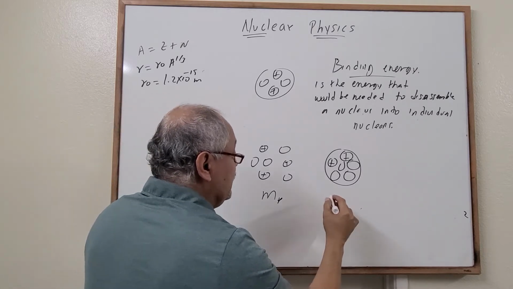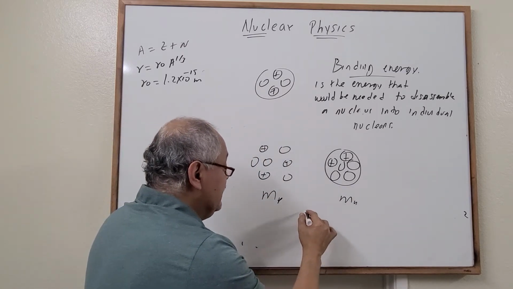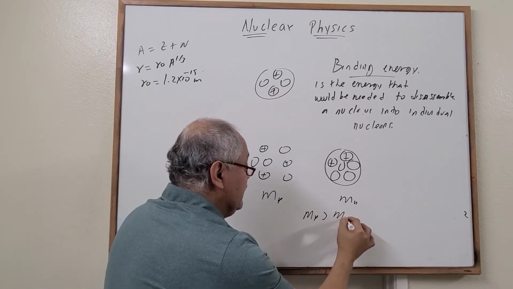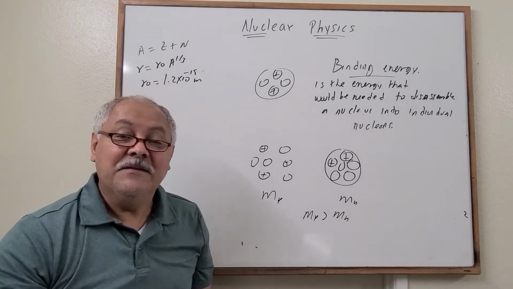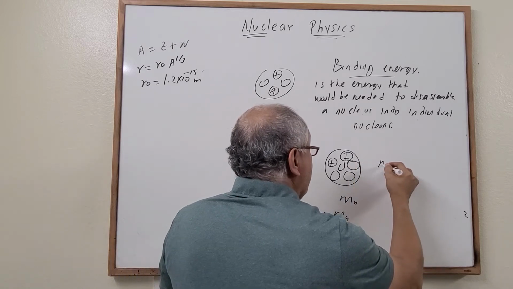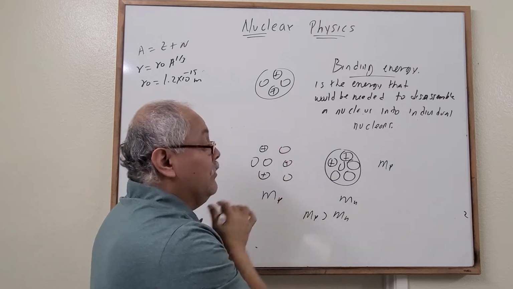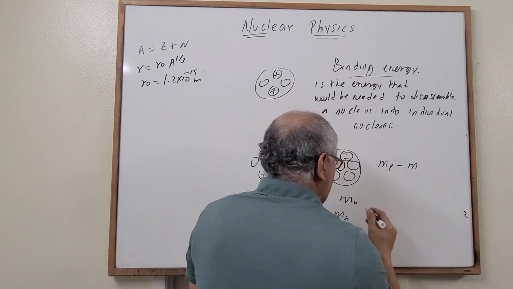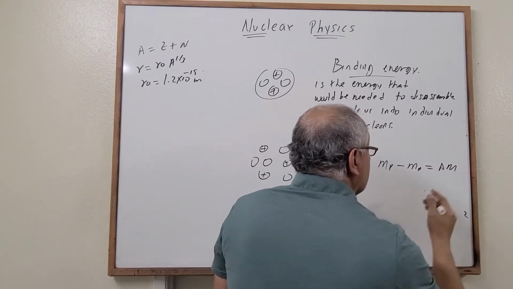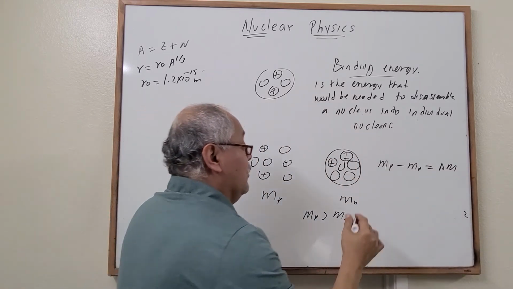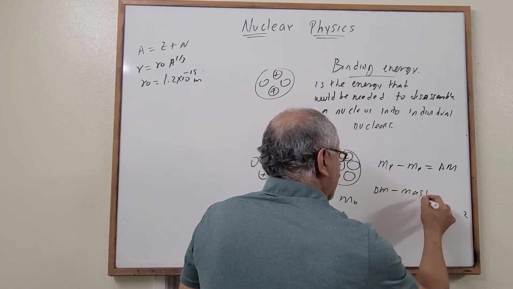If we call this the mass of the nucleus, it's found that the free mass is greater than this mass, and the difference is called the mass defect. So the mass of the particles when free, separated, or disassembled, minus the mass of the particles in the nucleus, is equal to this mass defect, delta M.